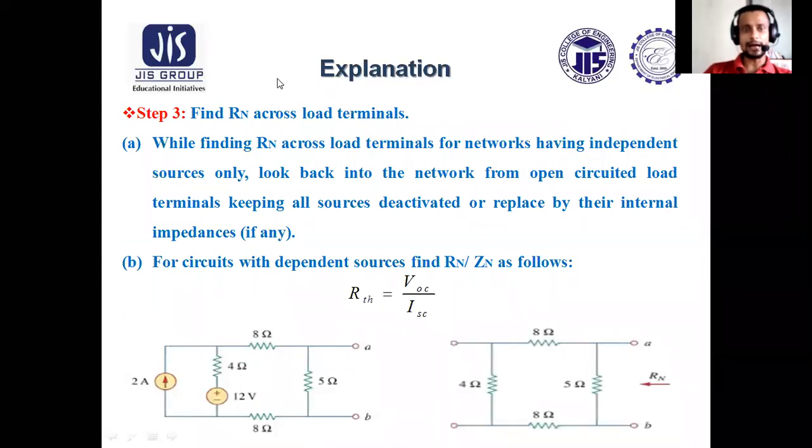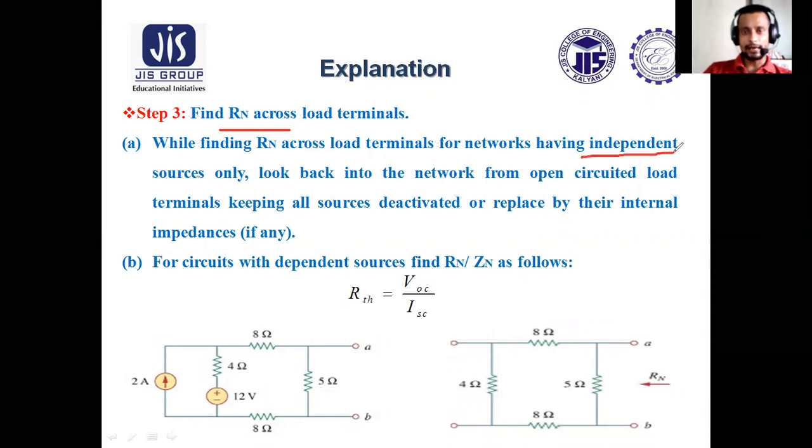To determine Rn, we'll follow the same steps as determination of RTH. As in Thevenin's theorem, for independent sources, you'll have to look back into the network from the open circuited load terminals, keeping all sources deactivated or replaced by their internal impedance.